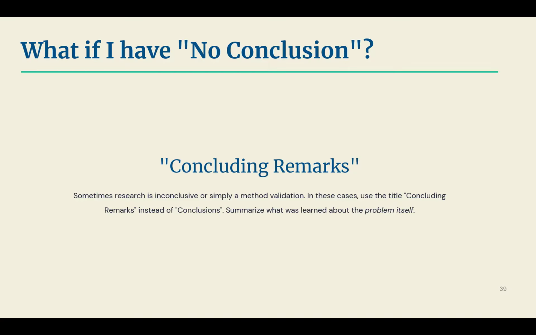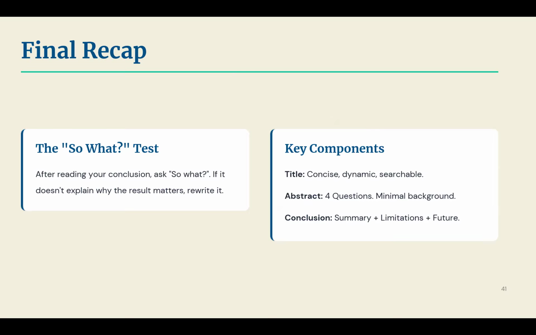If it doesn't explain why the results matter, go back and rewrite it. Did you get the point? Read your conclusion once again and ask, so what? What to do next? If your conclusion does not explain why the result matters, you have to rewrite the conclusion, right?